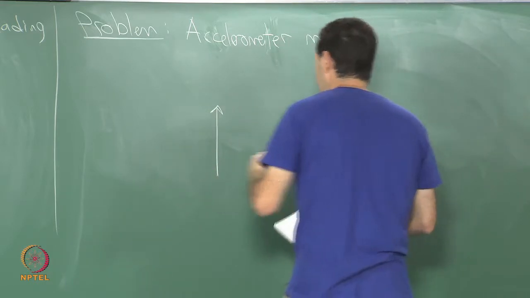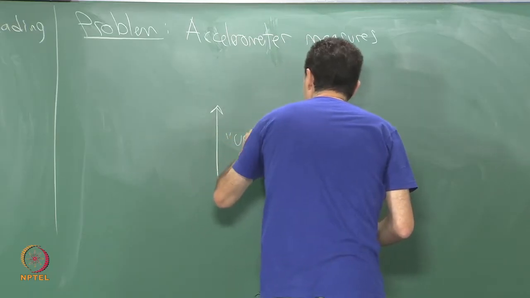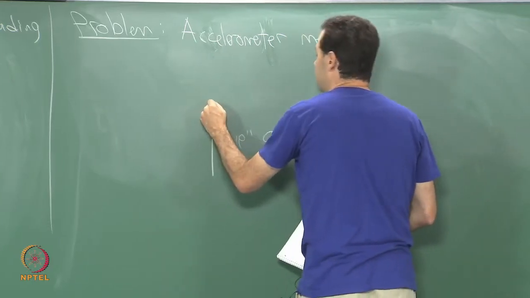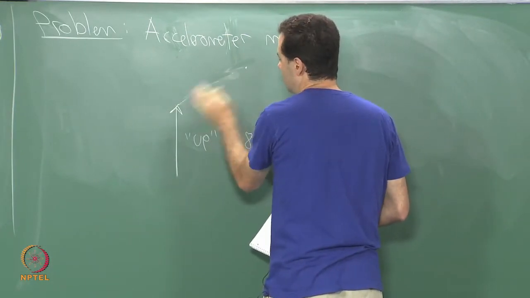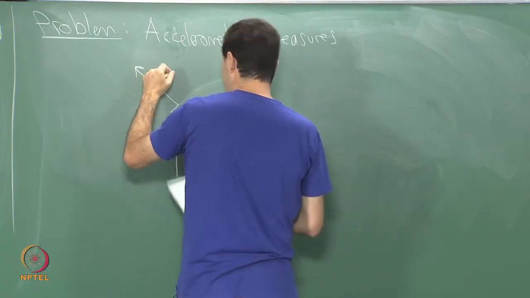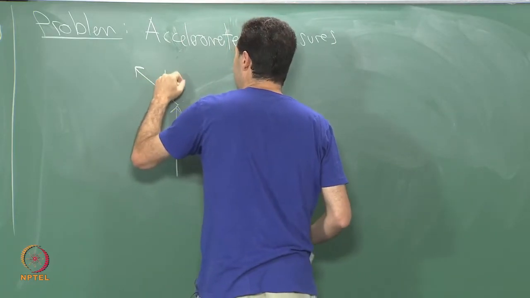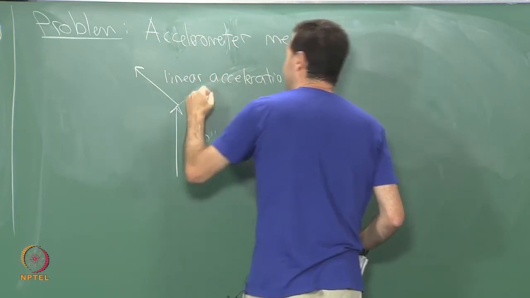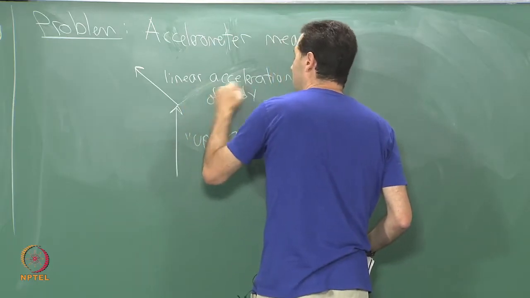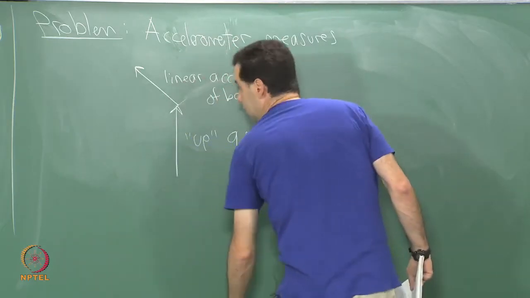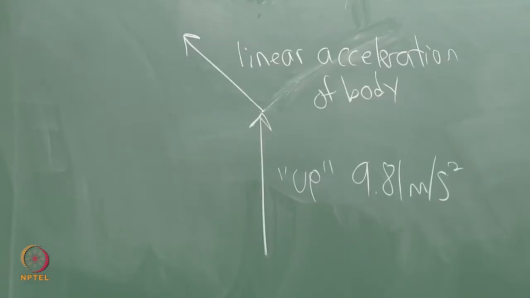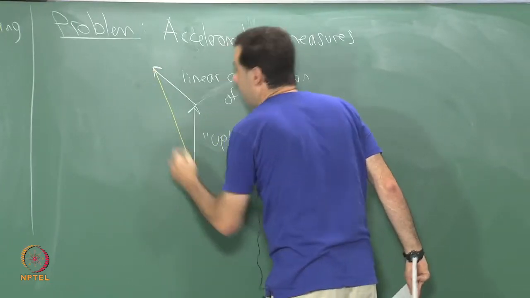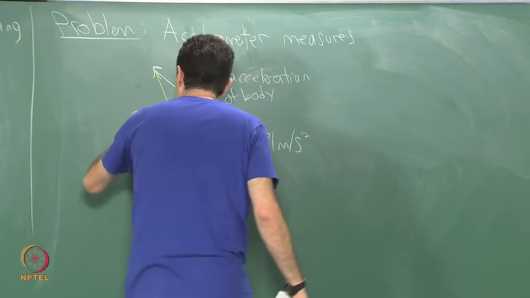There is the up part, which is 9.81 meters per second squared, but there's also the true linear acceleration of the body. Let me draw it off in a different direction here. It's actually the vector sum of the two that's getting measured by the accelerometer. This is what's measured.